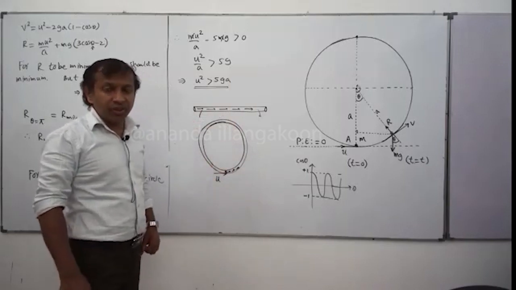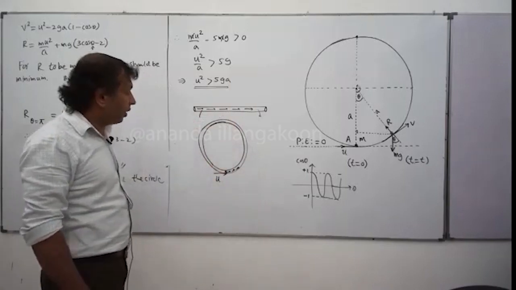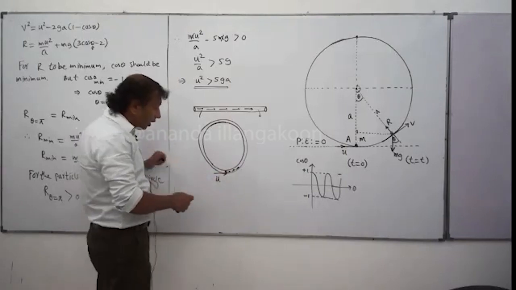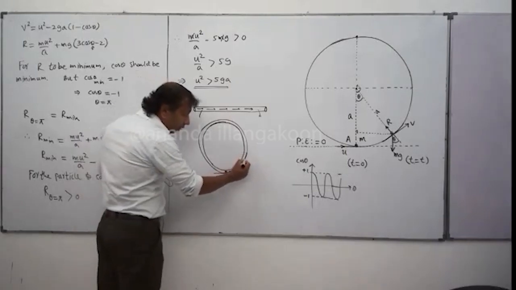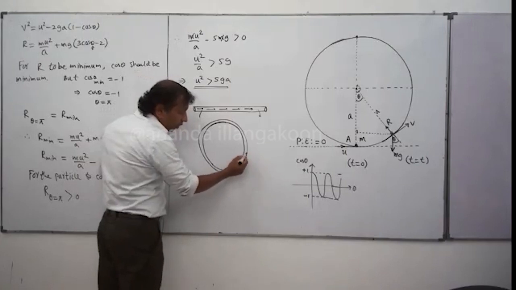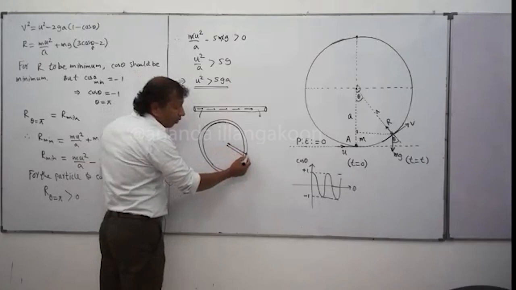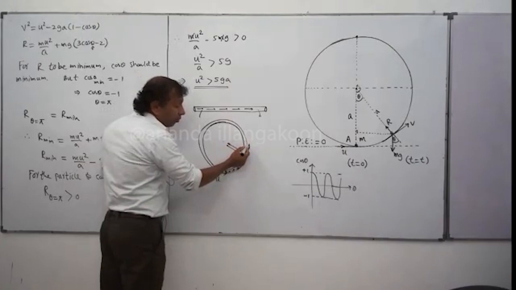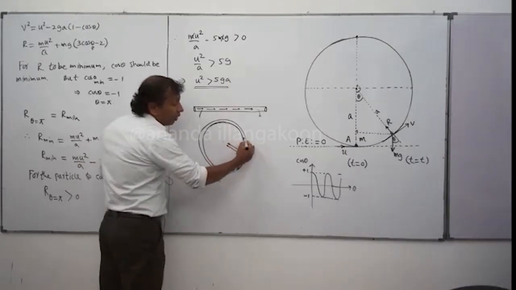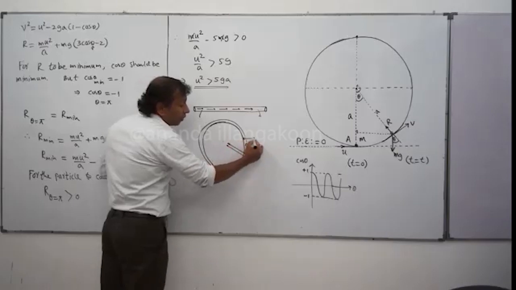And the other thing we can see in this case: when the particle is given this velocity u, it will contact the outer surface. As long as the particle contacts the outer surface, the normal reaction will point toward the center like this. Once the velocity decreases as the particle moves this way, at one point the particle will leave the outer surface and contact the inner surface. Then the normal reaction will act outward this way.